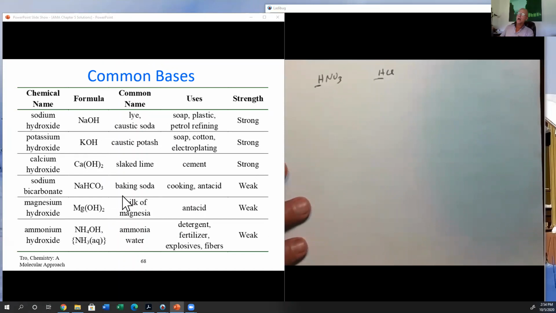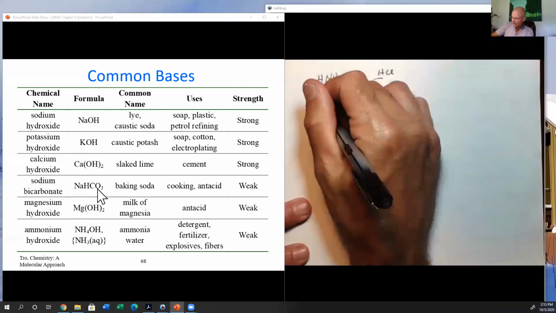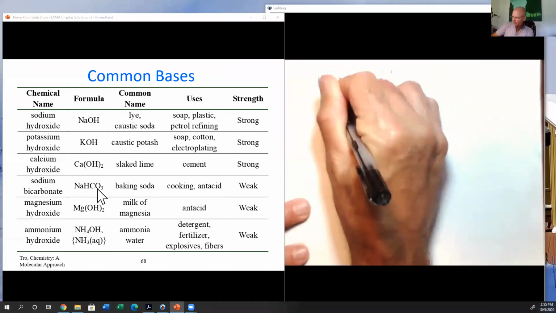Bases are generally going to contain the hydroxide ion or are going to form the hydroxide ion when they go in solution. And here are some examples of bases. Sodium hydroxide, potassium hydroxide, sodium bicarbonate. This is the base that's in baking soda. So let me just remind you of the definitions here.